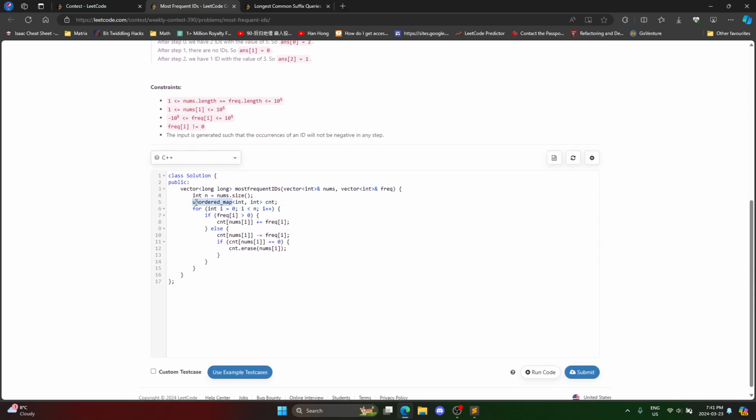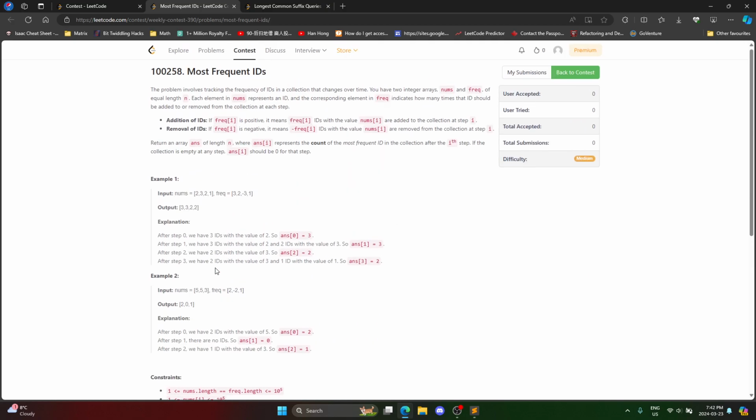So like, yeah, we just do that and then, okay. So we just do that. So we just say answer, and then answer of I. So if CNT dot size, answer of I is equal to CNT rbegin, right?